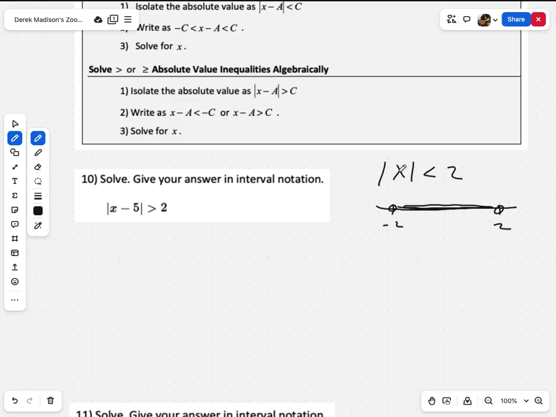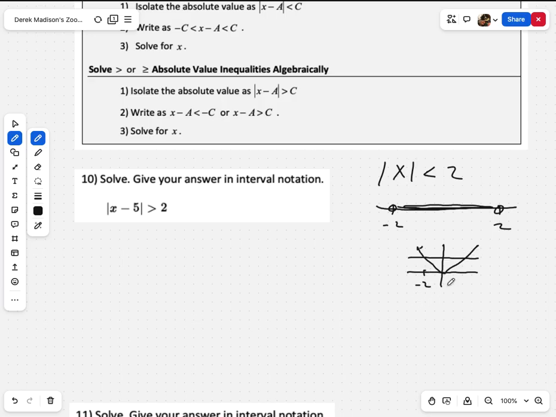If I put in -3, the absolute value of -3 would make 3, which is not less than 2. Likewise, the 3 wouldn't work out here. But everything between those two values of 2 would come out less than 2 even with the absolute value. What we're seeing is basically if we have an absolute value graph like this and a line right there at 2, where is this graph less than the line equals 2?